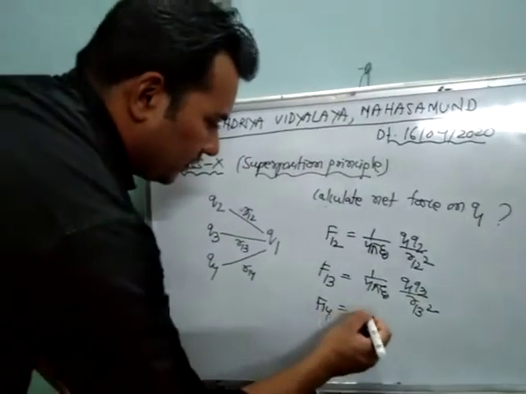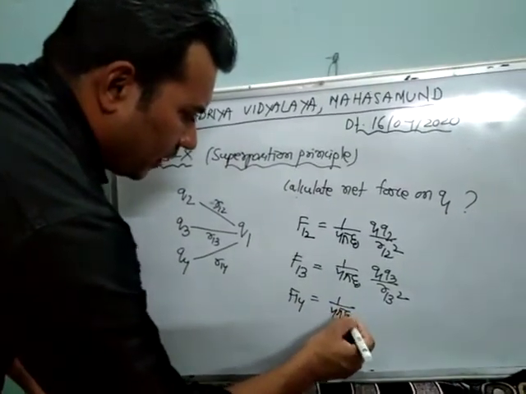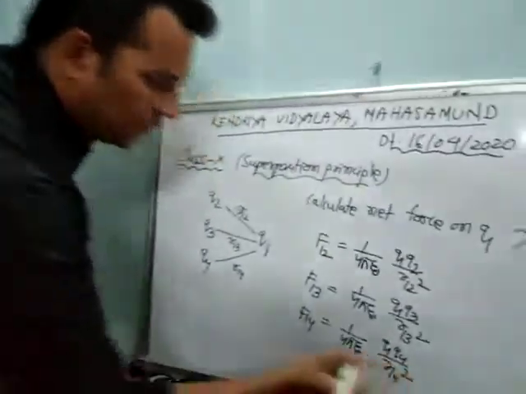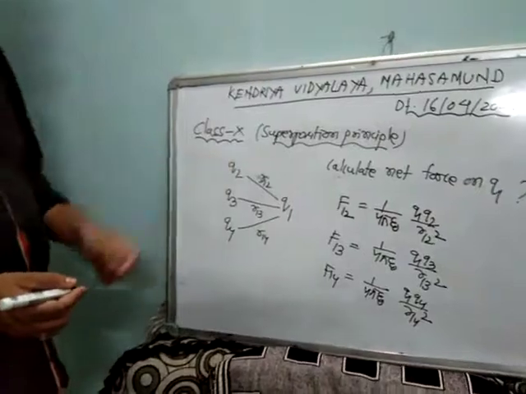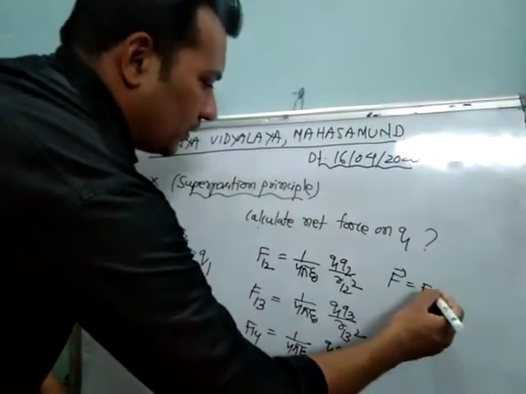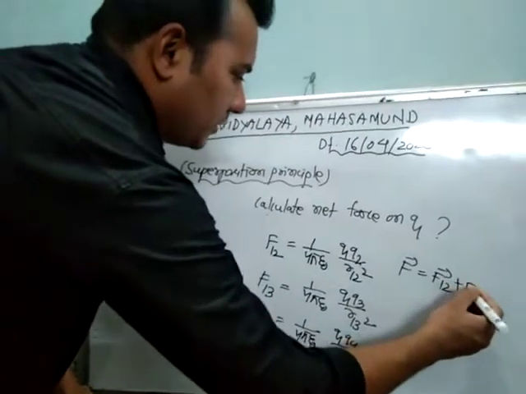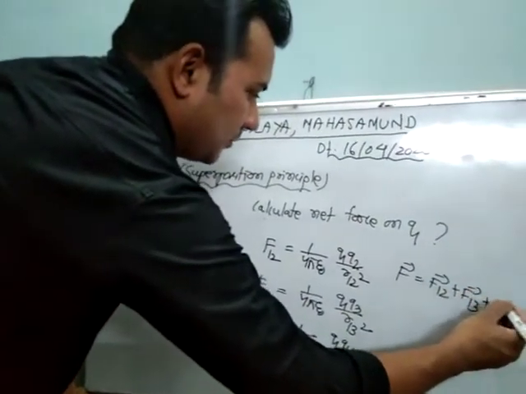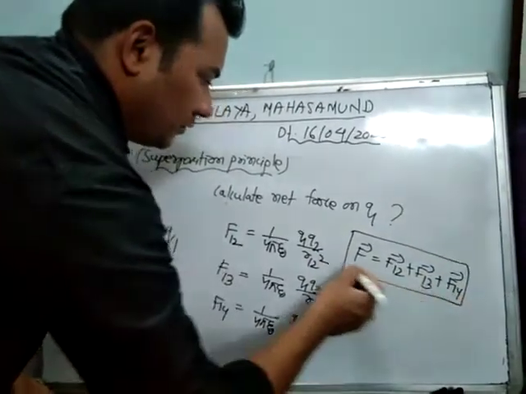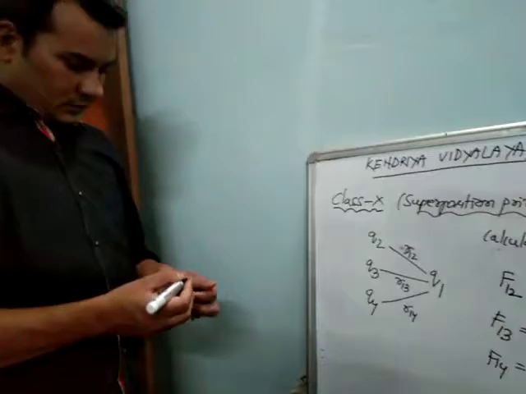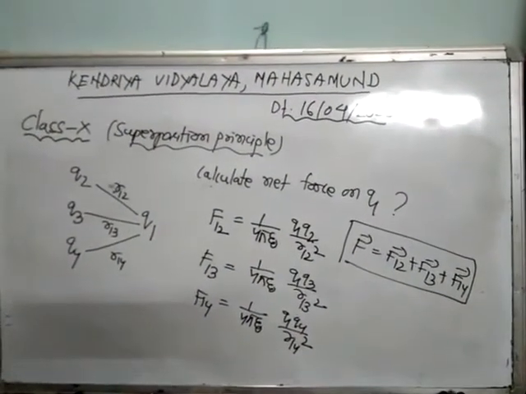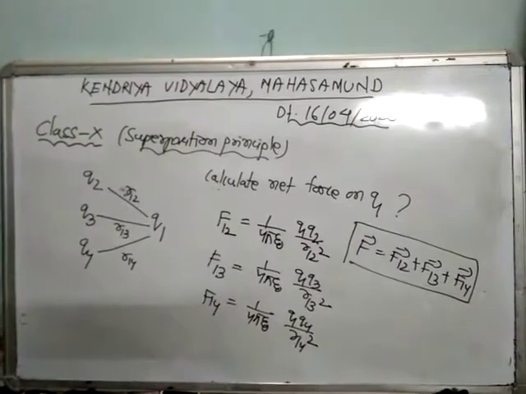F14 is equal to 1 by 4 pi epsilon naught Q1 Q4 by r14 square. Now what you have to do is the vector addition. Net force F will be F12 vector plus F13 vector plus F14 vector. And already we know from class 11 how to do vector addition. So today I am just giving one or two questions. You try this at home and tomorrow I will tell the answer.